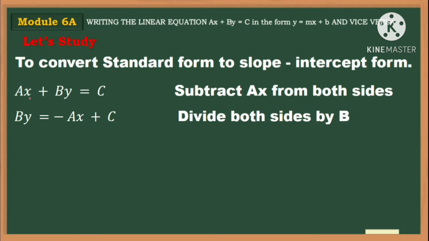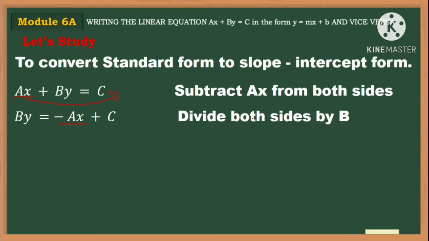Usually, what we do is transpose this to the other side, which is to change the sign. So this is positive, therefore it will become negative.